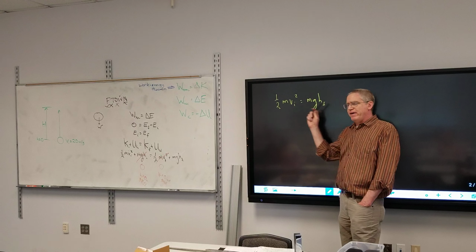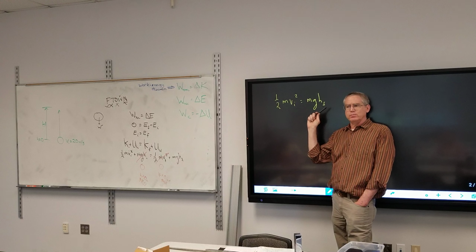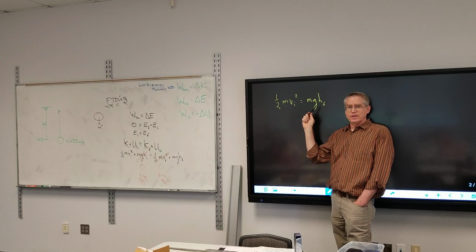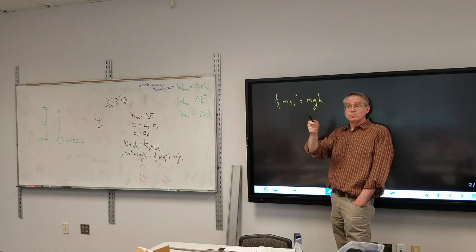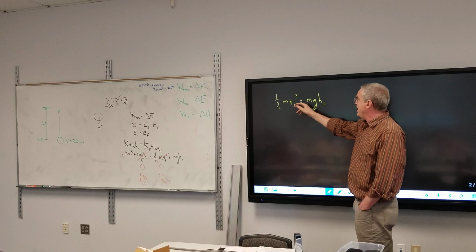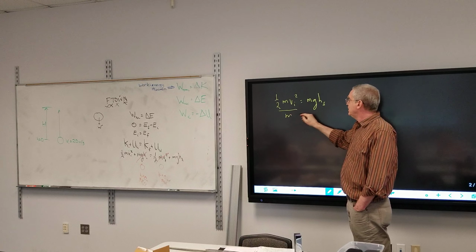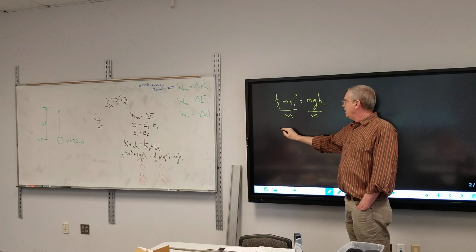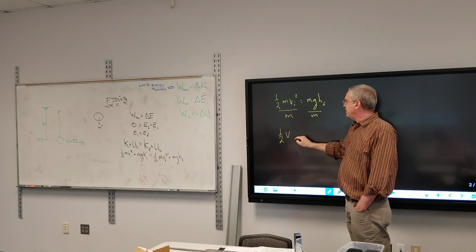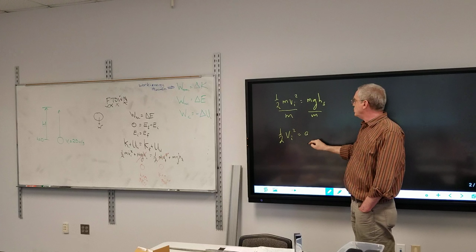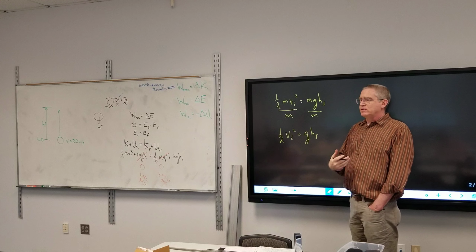Is there a common factor to both terms? Is there something common to both sides? Yes, I have mass on both sides. I'm multiplying both things by mass, so I can divide by mass. And I'm left with 1/2 v initial squared is equal to g h final. Simplifies it a little bit.